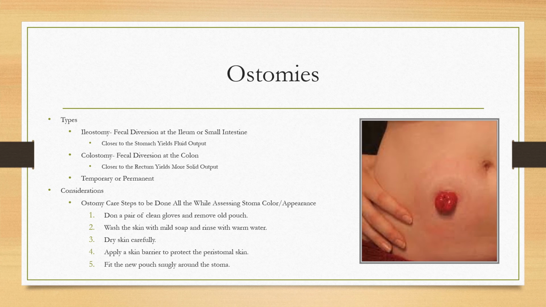Make sure that it's nicely dried. We apply a skin barrier to the peristomal skin, and then we apply a new pouch, right? So stomal care is really important, and there's actually nurses that do this full time. They take care and provide advice on the care of ileostomies and colostomies.